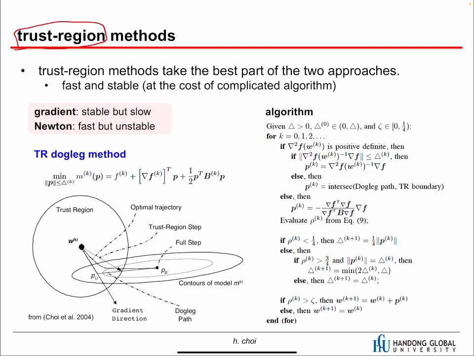So it takes only the good things from the gradient method and the Newton method, because the gradient method is stable but slow, and Newton method is fast but unstable. I'm not going to go through this algorithm, but if you're interested, you can study the trust region method.